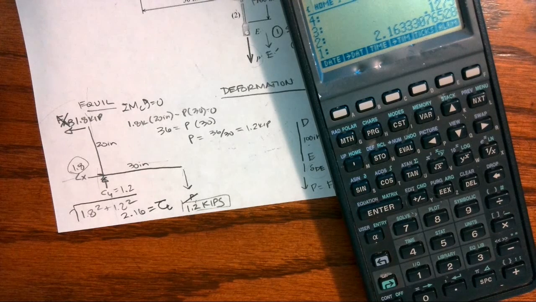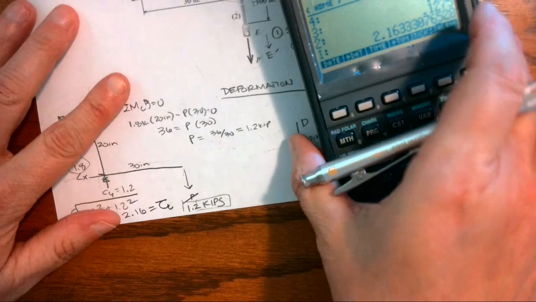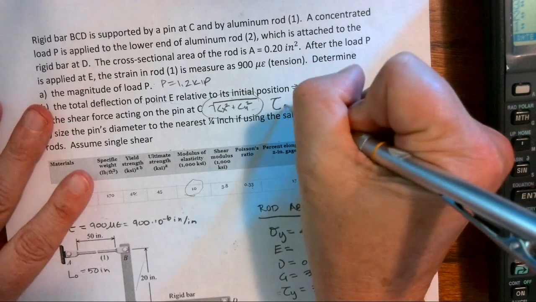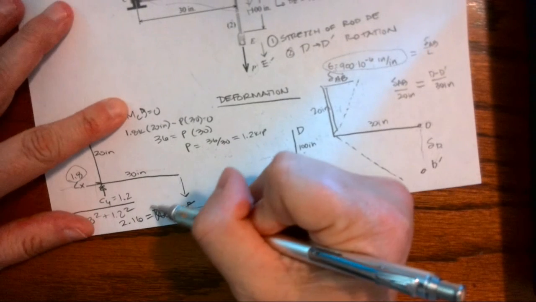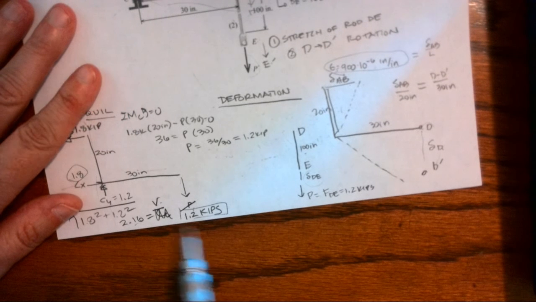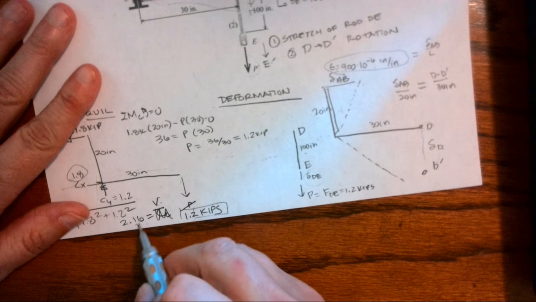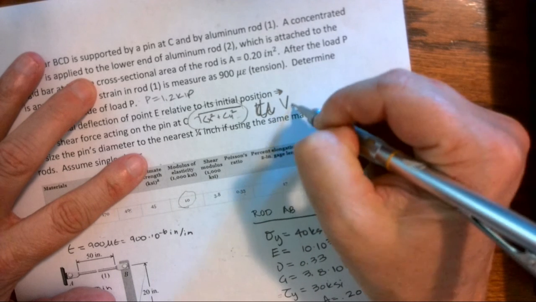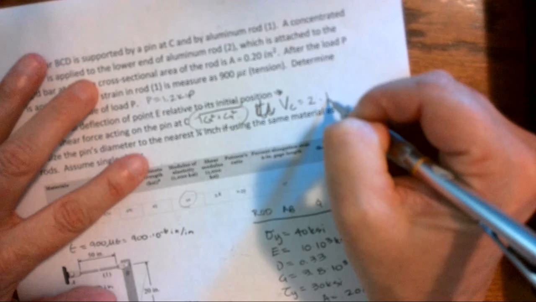So if I wanted to find that shear stress on C, whoops, this is not shear stress, this is actually force. I know that the shear force is 2.16 kips. Okay, so our shear force on C is 2.16 kips.